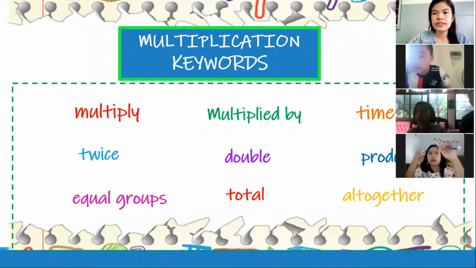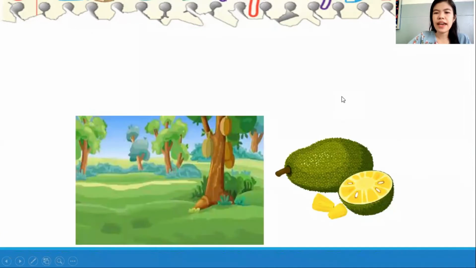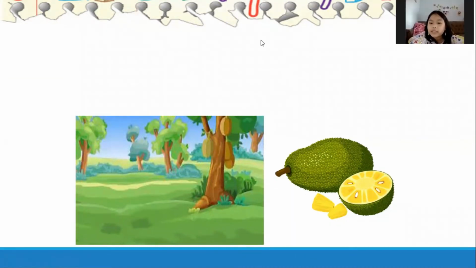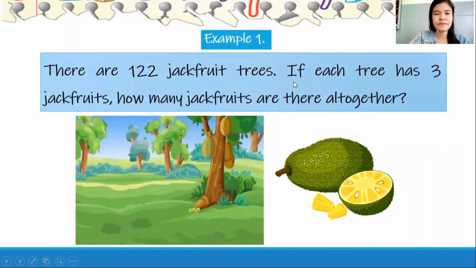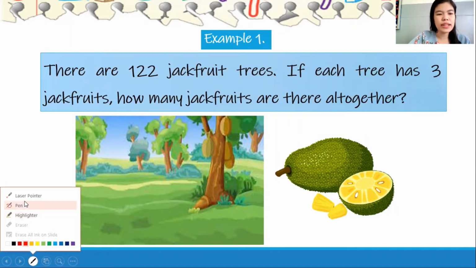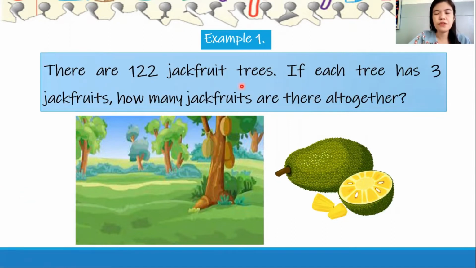All right, so let us now have an example. Who can tell me what fruit this is? Jackfruit. Yes, that's right. So our example problem, number 1. There are 122 jackfruit trees. What does that mean?